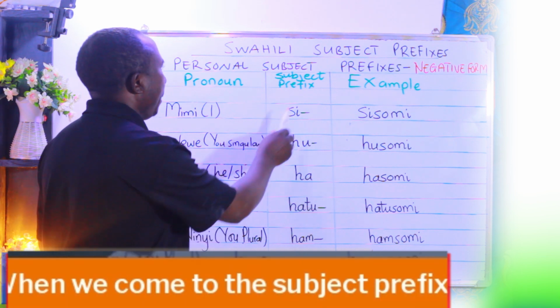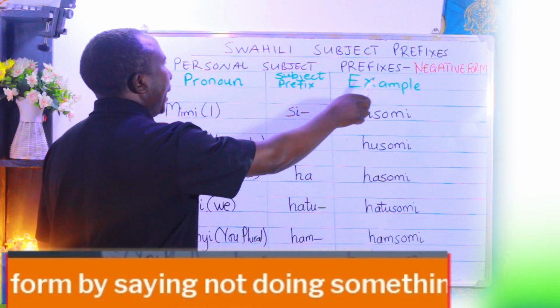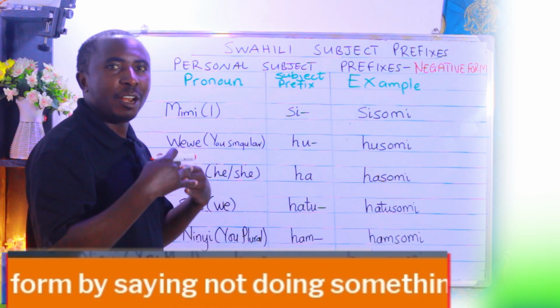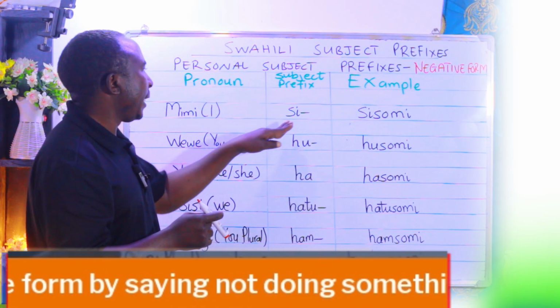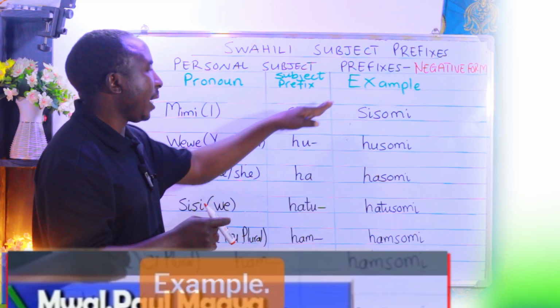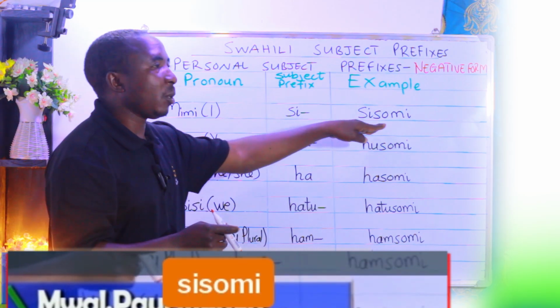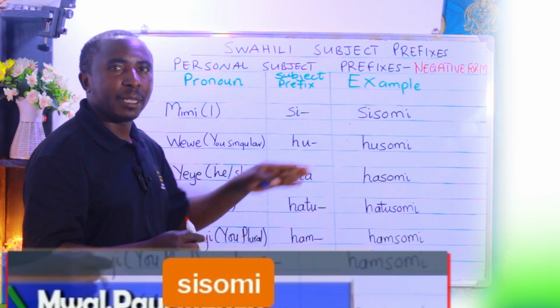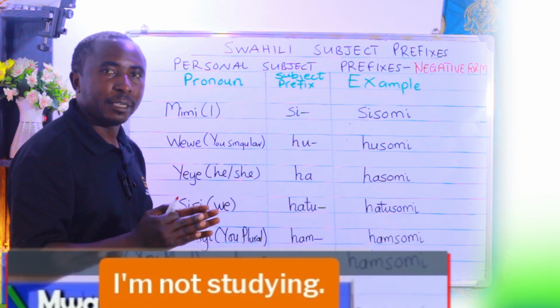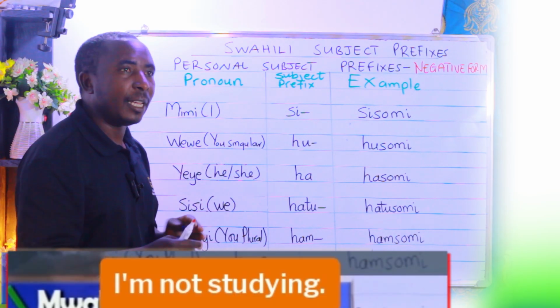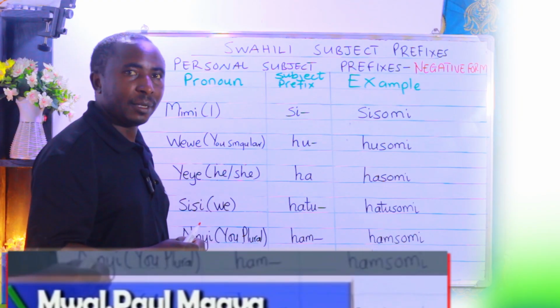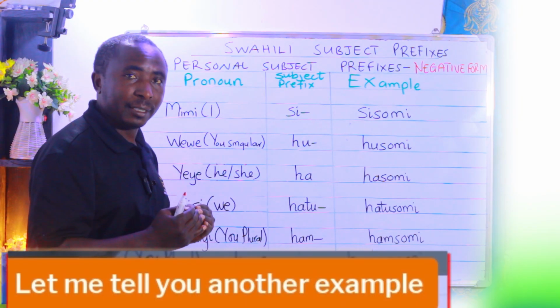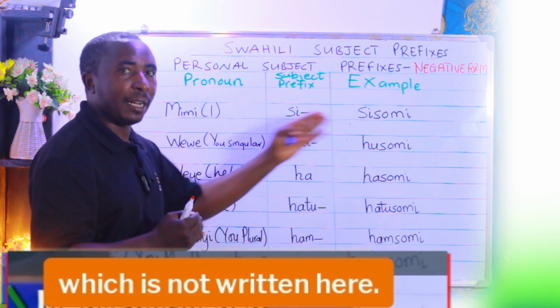When we come to the subject prefix in negative form, by saying not doing something, we say si. Example, sisomi. I'm not studying. Let me tell you another example which is not written here.